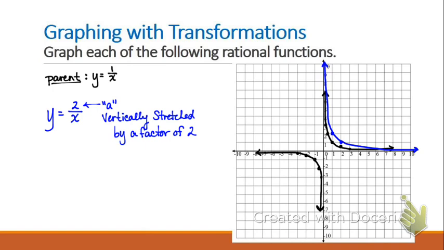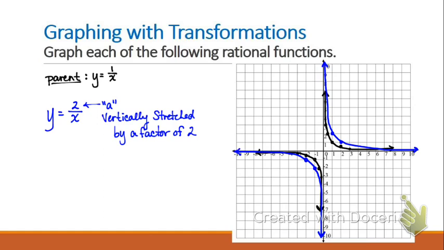I'm going to see the same thing happen with the negatives. An input of negative 2 would give me an output of negative 1. An output of negative 2 means that I would have had an input of negative 1. So again, my asymptotes don't shift at all. I'm going to get really close to those axes, and then I can draw in my transformation.